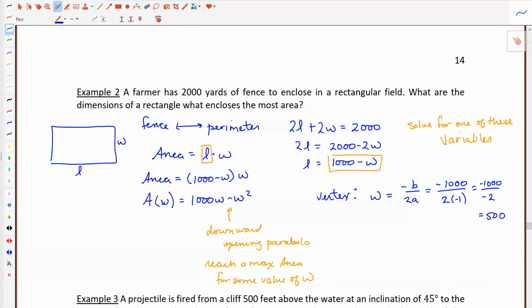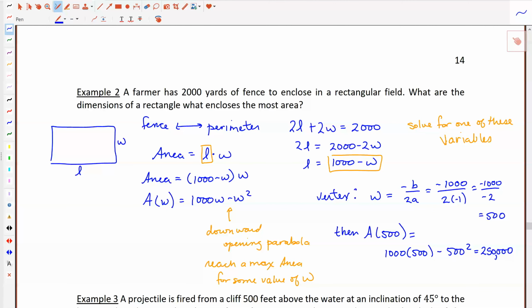Let's actually find what that max area is. So A of 500, which would give me the area when the width is 500, is going to be found by doing 1,000 times 500 minus 500 squared. You can pop that into your calculator and get 250,000.